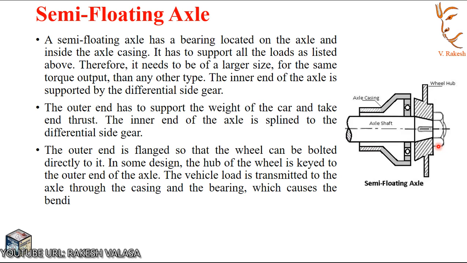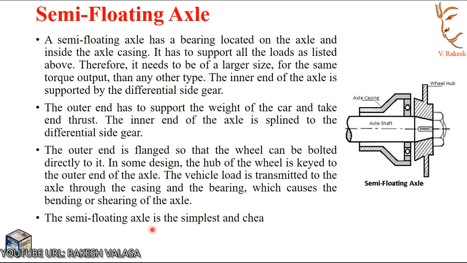The vehicle load is transmitted to the axle through the casing and bearing, which causes the bending or shearing of the axle. The semi-floating axle is the simplest and cheapest of all, and is widely used on cars.